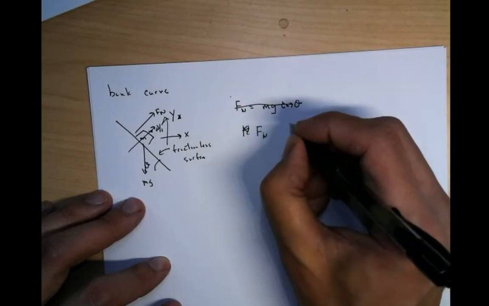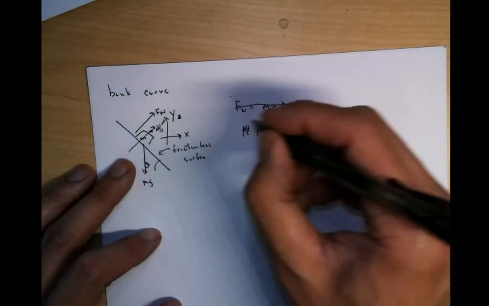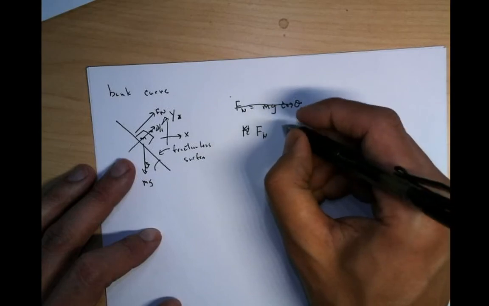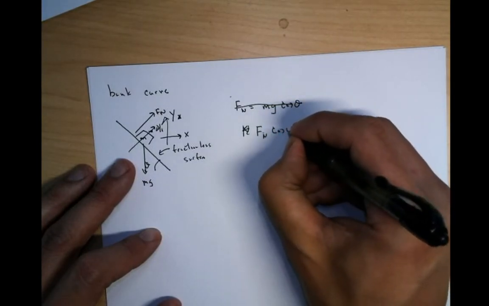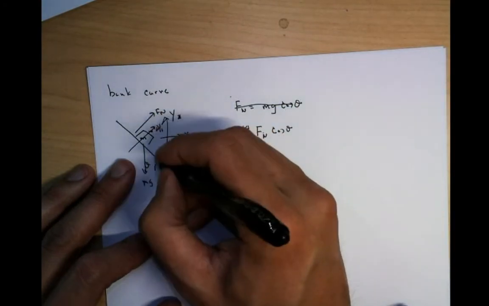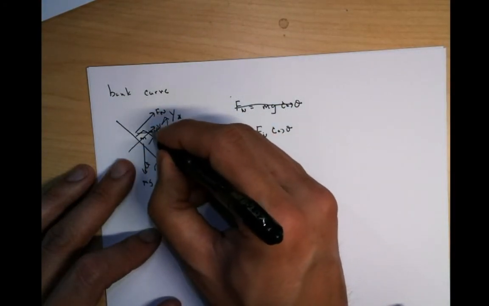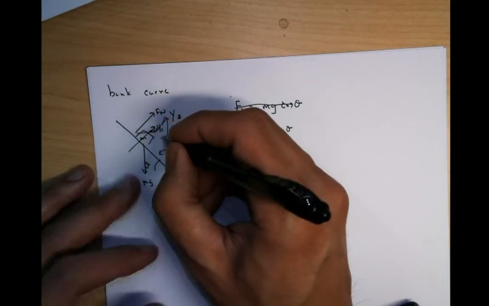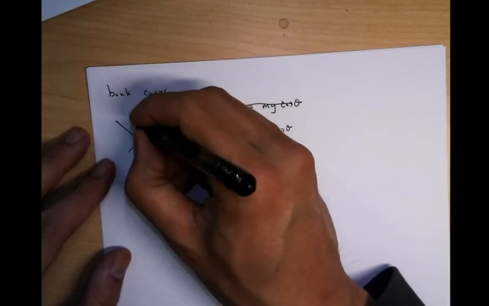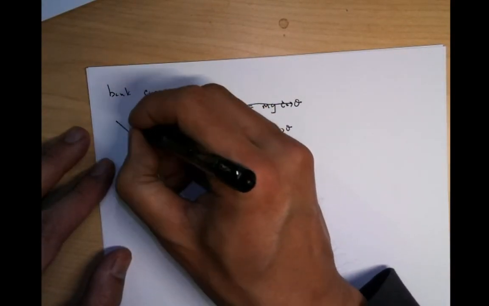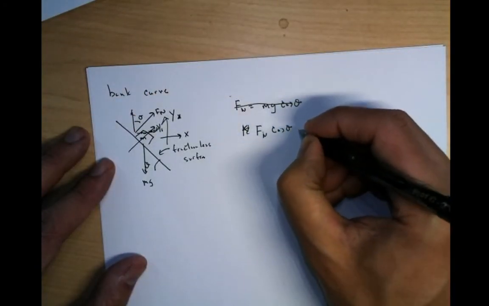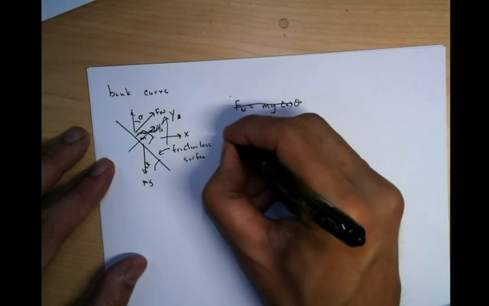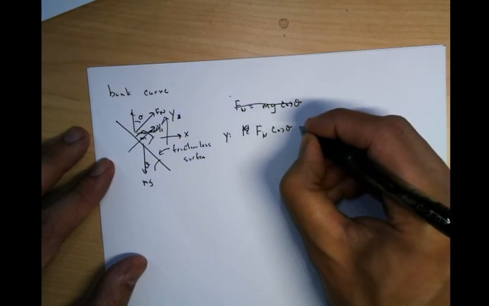So the normal force times, let's see, in this case, this is cosine theta, right? This angle right here. Oh, sorry. Right, this is also theta as well. The normal force times cosine theta in the y direction, right?